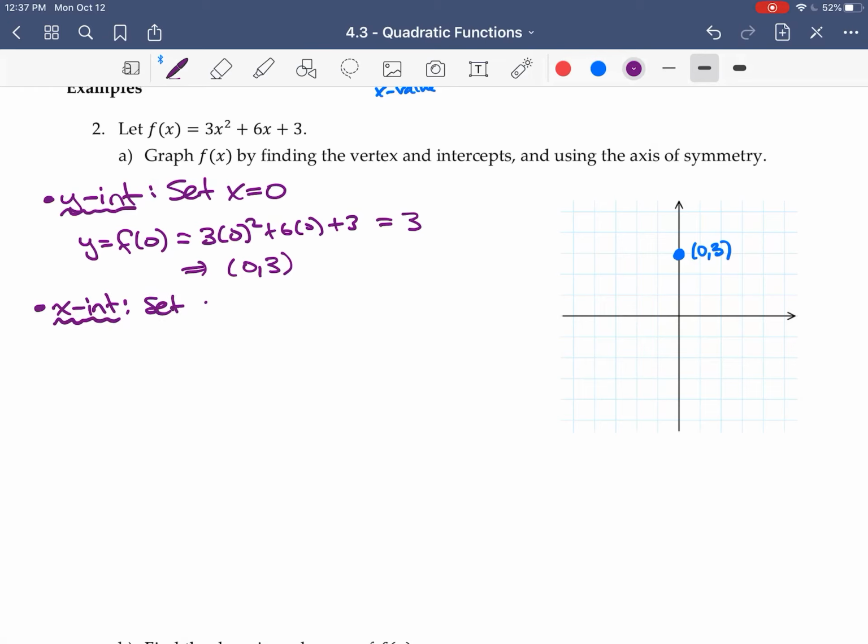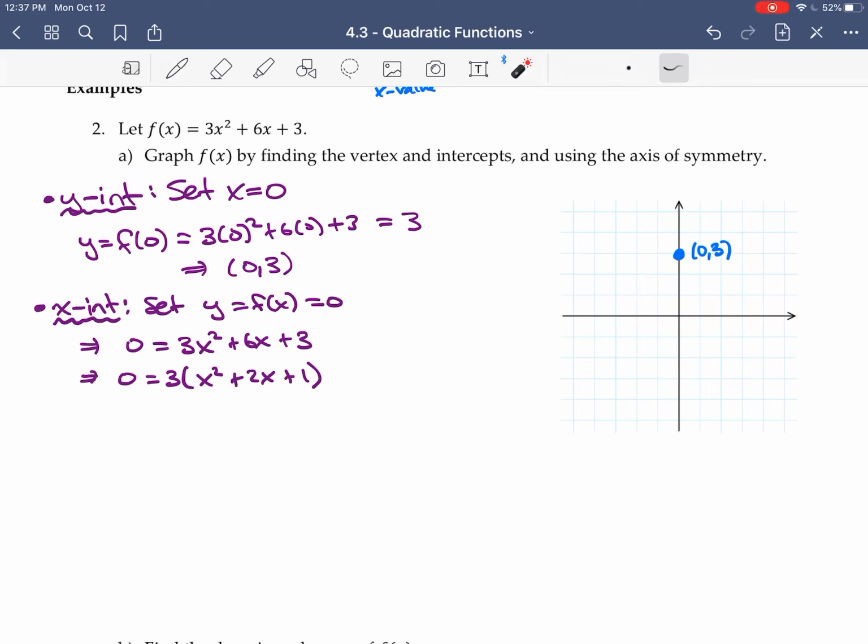This is when we set y, or f of x, to be 0. So that's going to be 0 equals 3x squared plus 6x plus 3. It looks like I can factor out a 3 so that I have x squared plus 2x plus 1. So I want two numbers that multiply to give 1 and add to give 2.